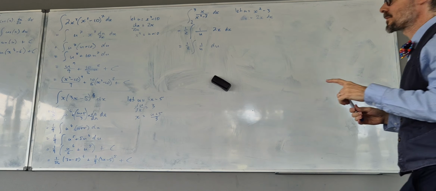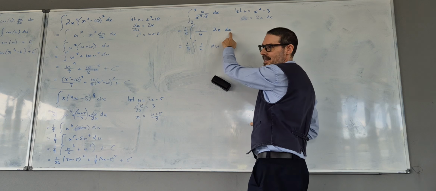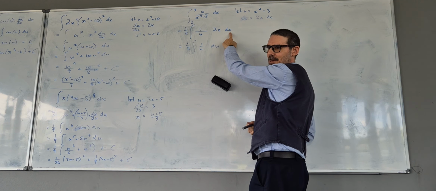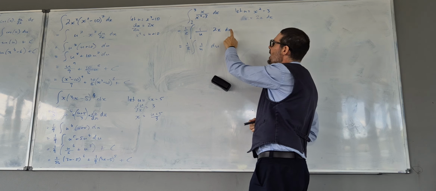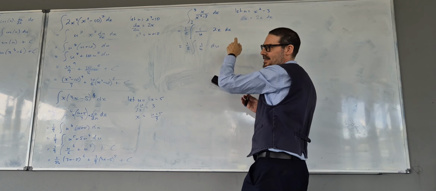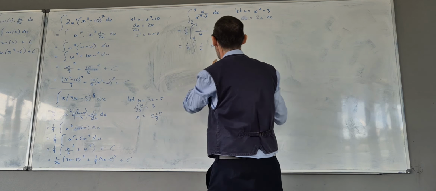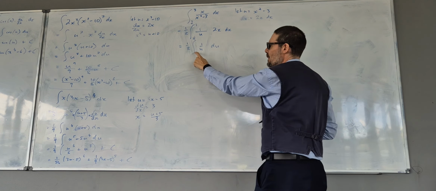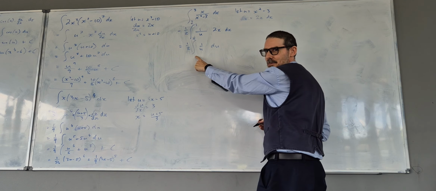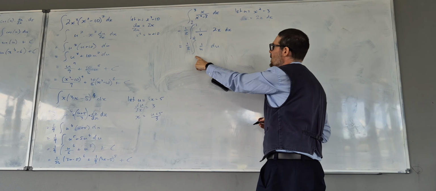Now, this integral is still dx, so these limits are 2 and 3. But this integral is du, so the limits must be u values. This will actually save you work in the long term.